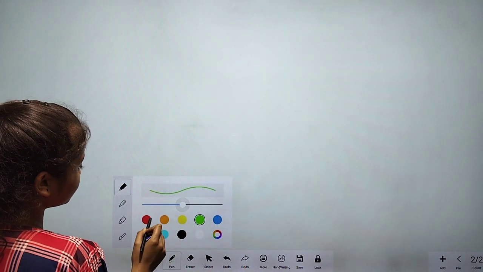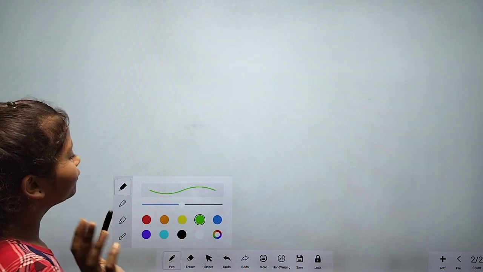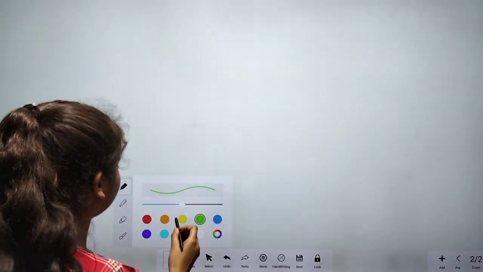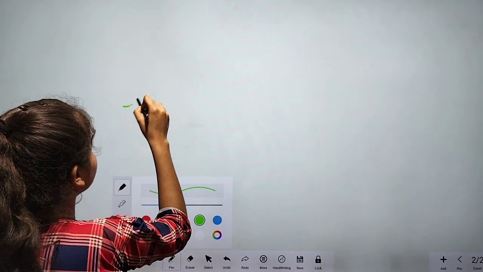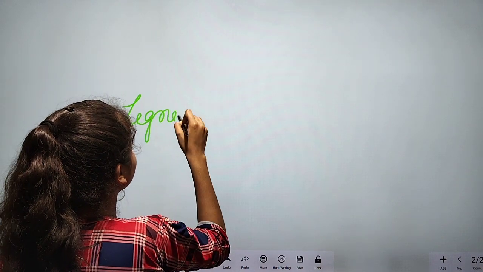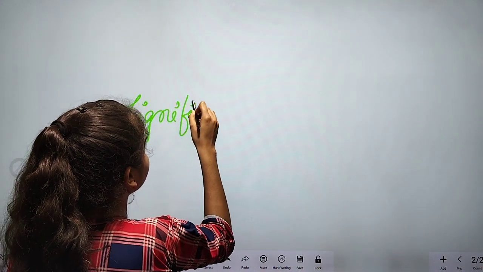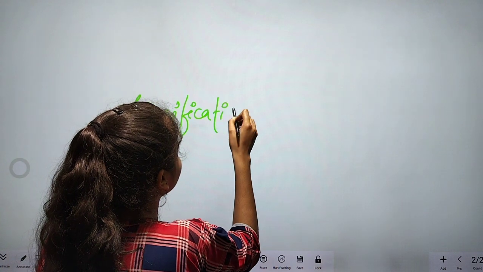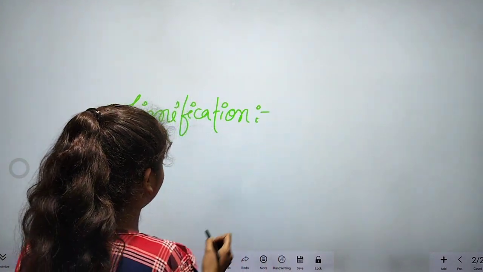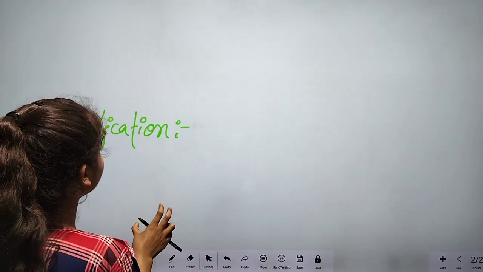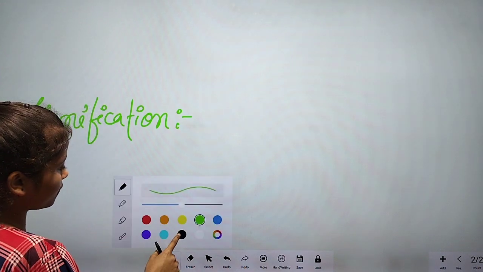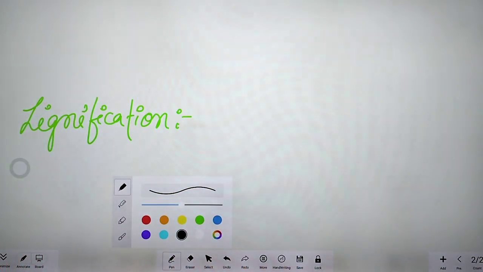First one: there is only one extra deposition of material in the cell wall, that is lignification.